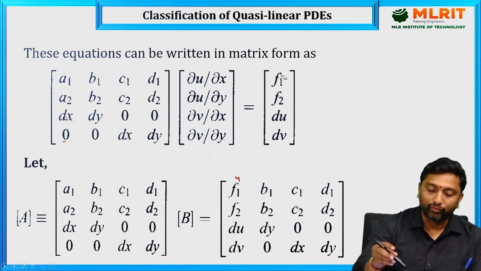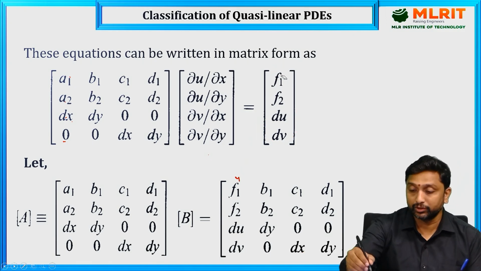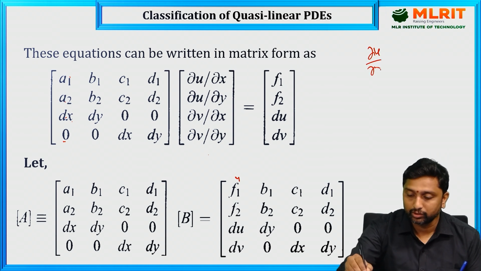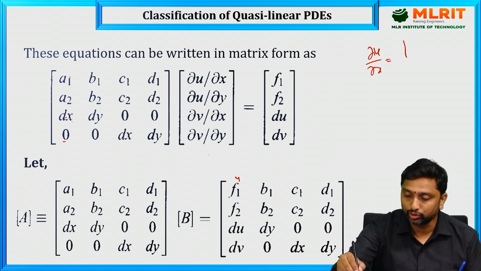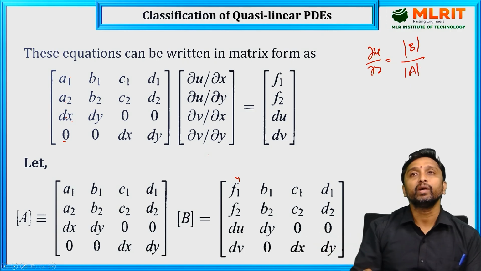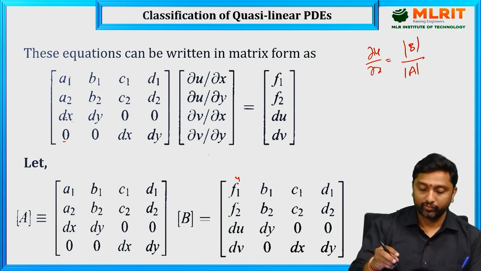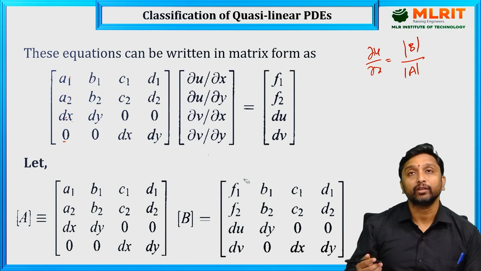Now if I want to find the solution for ∂u/∂x, how can I find it? ∂u/∂x is equal to mod B by mod A, or determinant of B by determinant of A. So that is the solution that I get.